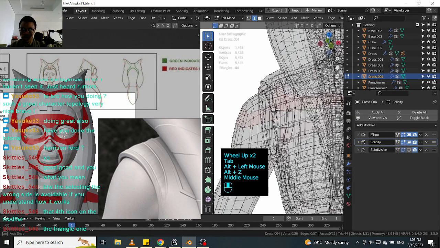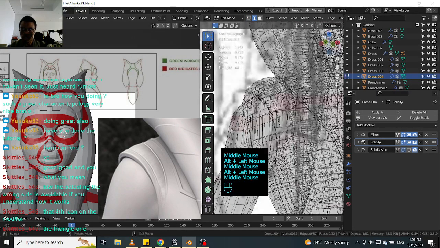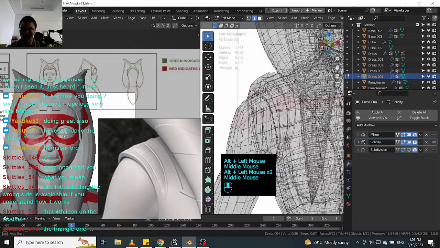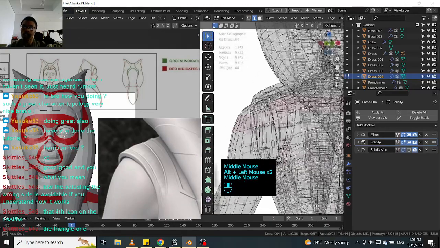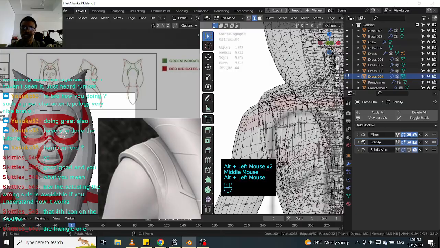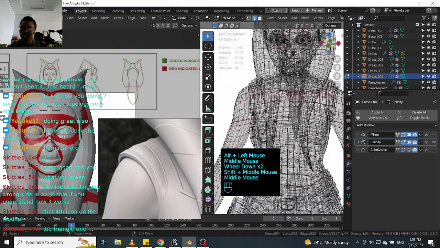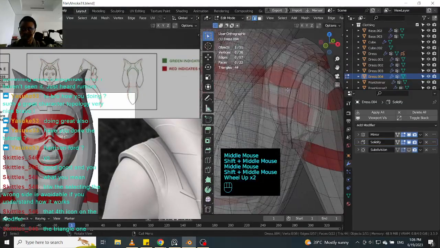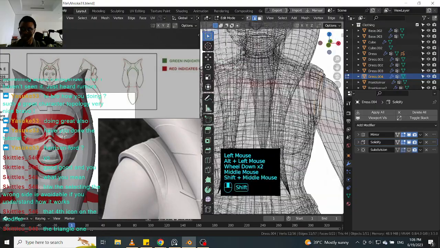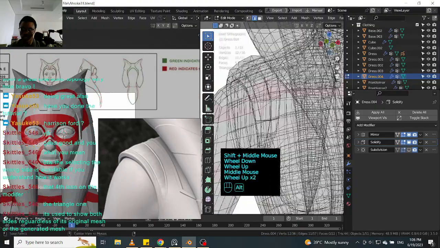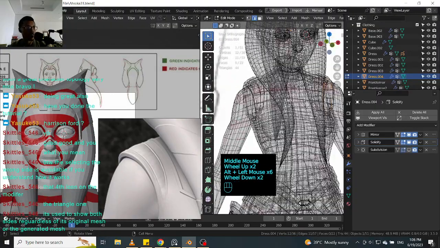Wait, is that the reason? Okay, so basically it disables the other side. That way you don't have to select that.